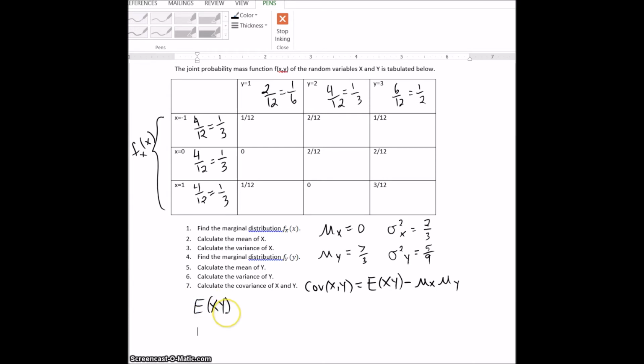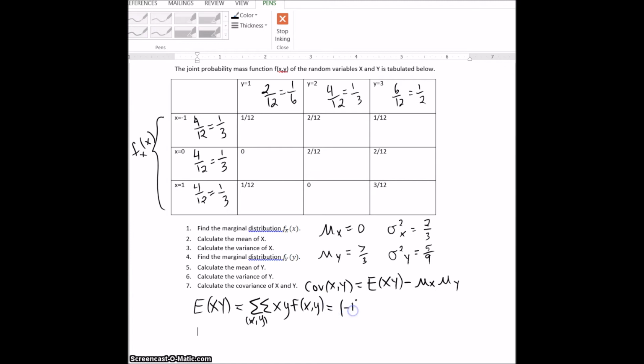So to find the expected value of x times y, we are going to add up over all of the xy pairs x times y times the joint PMF of x and y. So for instance, I can have x equal -1 and y equal 1.